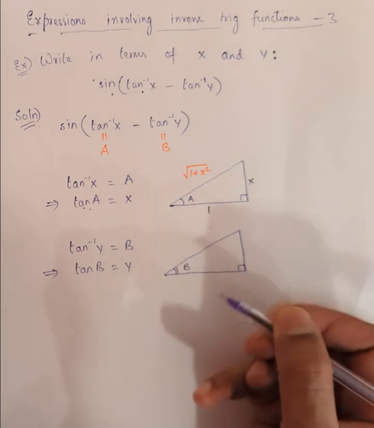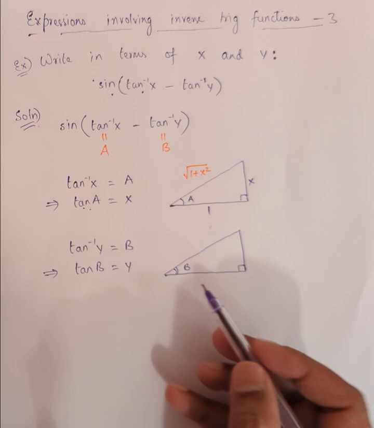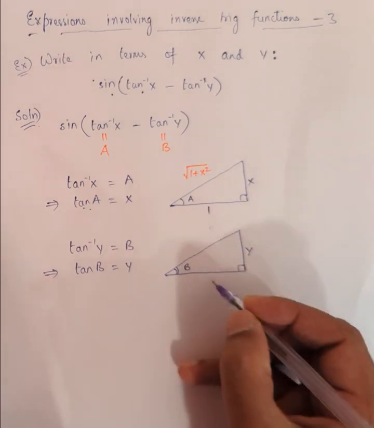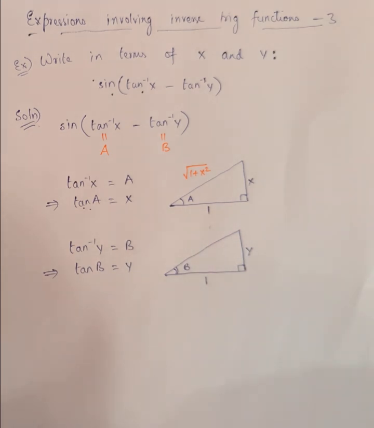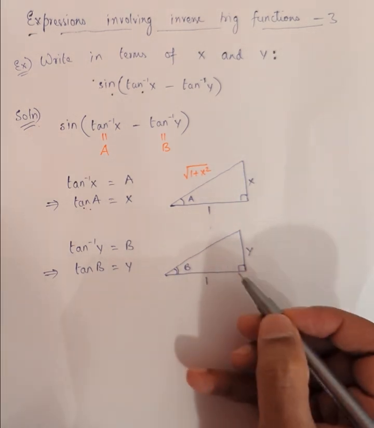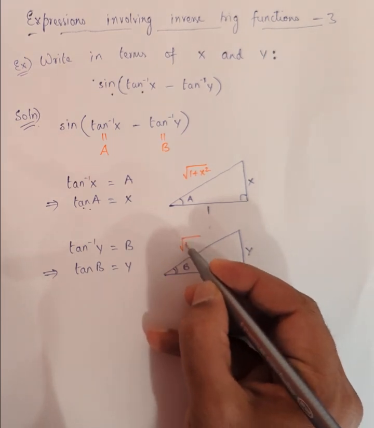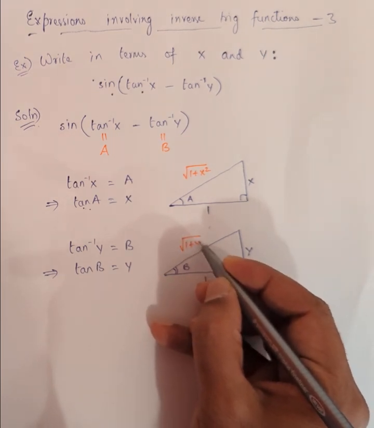So let's say this is b. So if tan b is y, opposite will be y, adjacent is 1, and just like before, we'll use the Pythagorean theorem to figure out the hypotenuse. It's going to be square root of 1 plus y square.